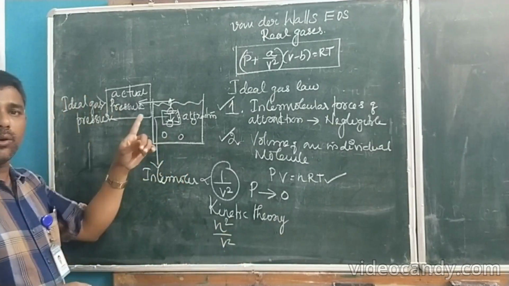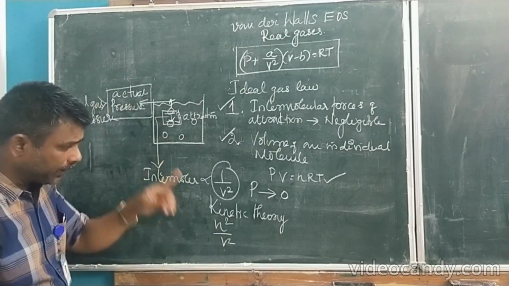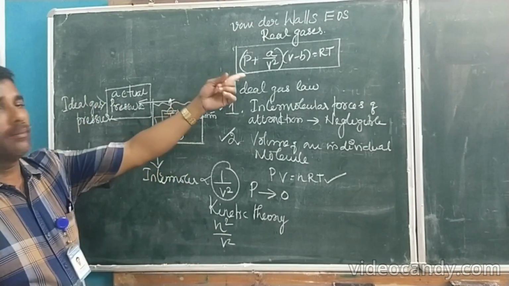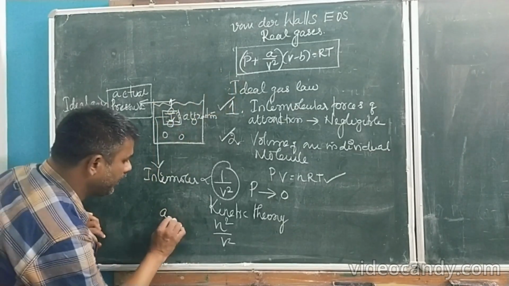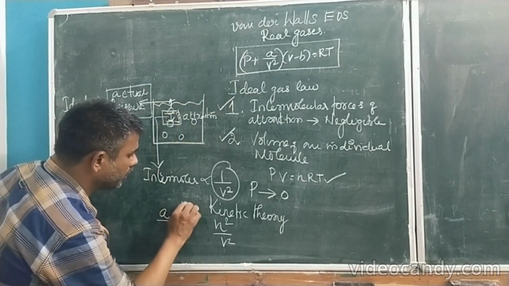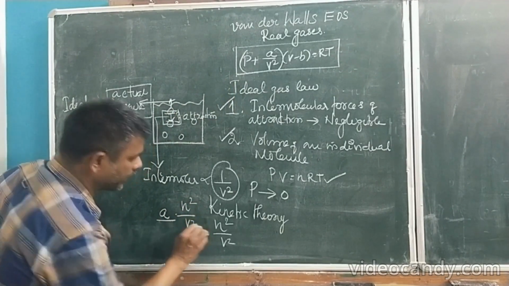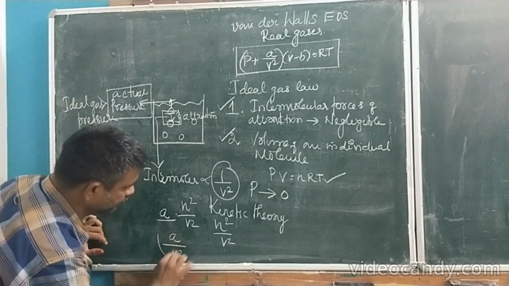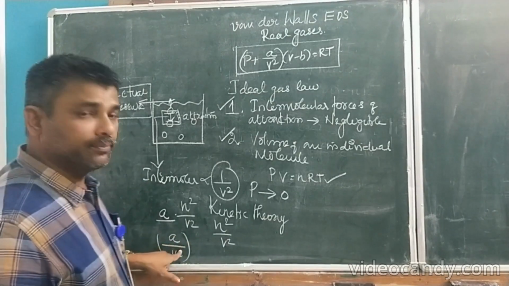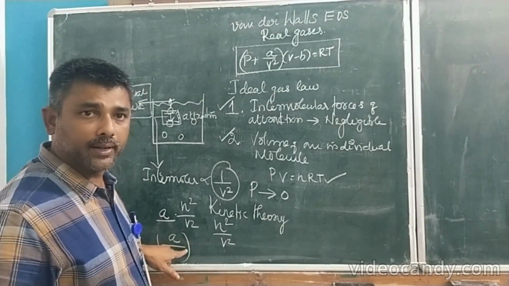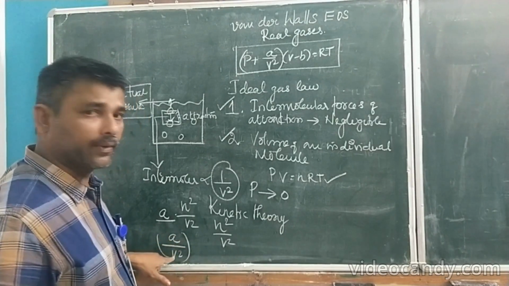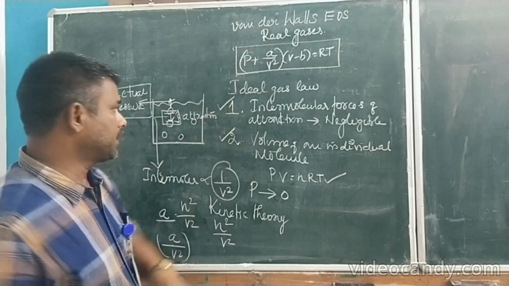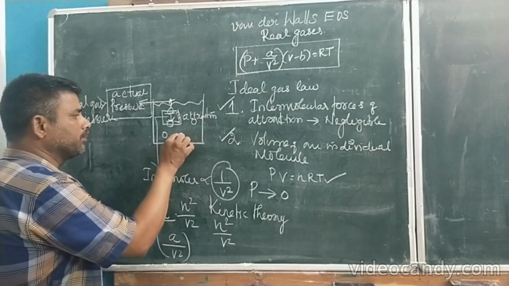Hence, van der Waals incorporated this correction factor in the pressure term as a·n²/V² for n moles, and for 1 mole, a/V². This correction factor for intermolecular force of attraction is included in the pressure term. Clear?